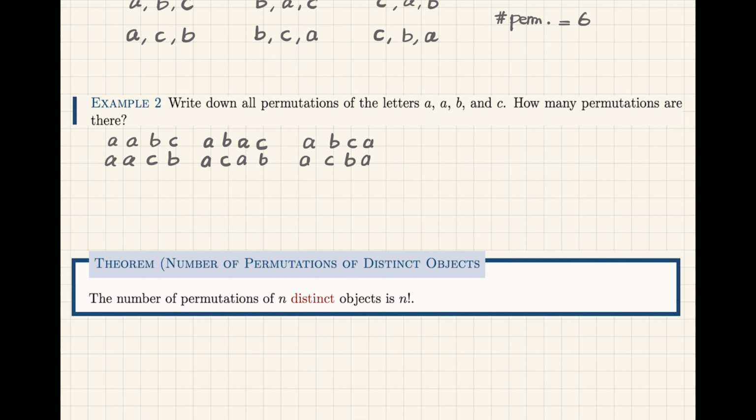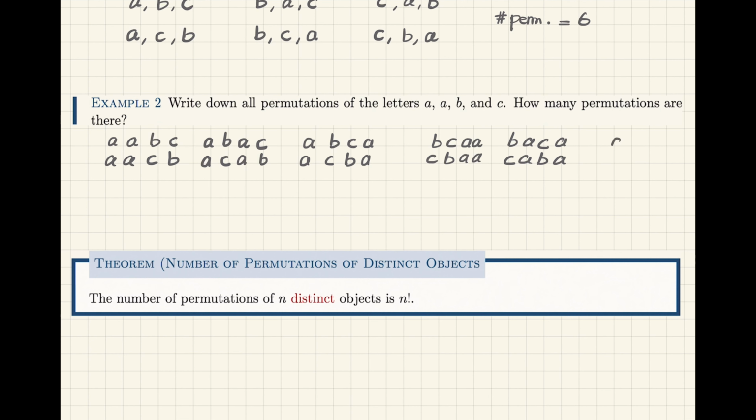But of course these are not the only possibilities. I can, for example, have two A's at the end, and then I can write B and C, then I can write C and B with two A's at the end. Or I can have A here and here, and then I can have B and C, then I can have C and B. But I can have two A's in between as well.